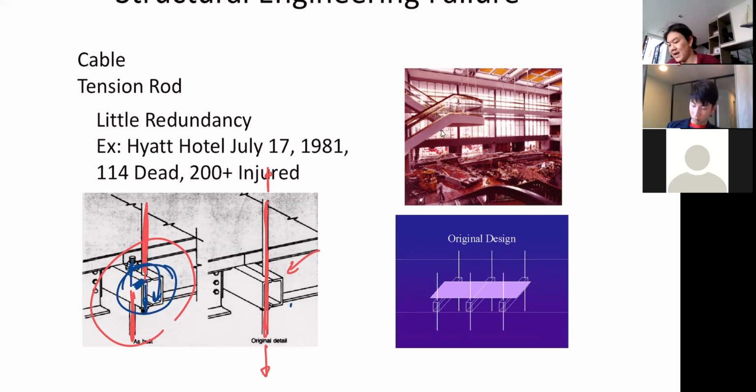From the original design, you add torsion, boom, it collapsed. And it just so happened that this kind of collapse would not occur when the load was light. It had to be the full load, right? So there was a party, a lot of people, and then this collapsed, and the whole walkway dropped down.